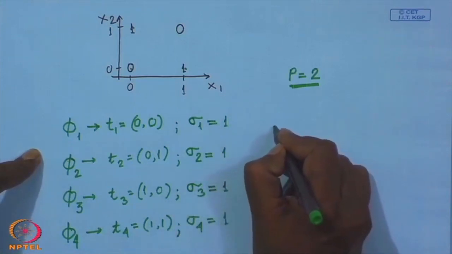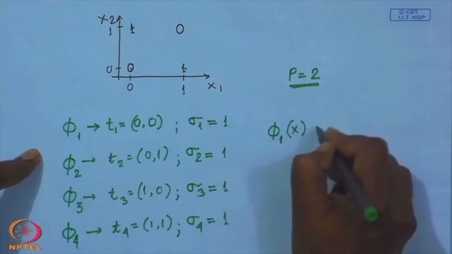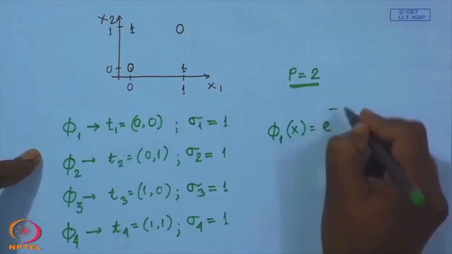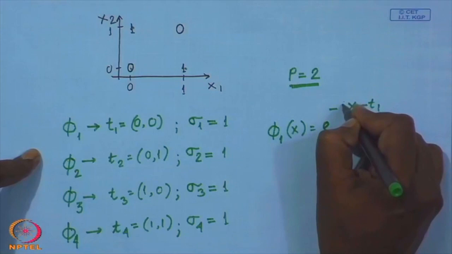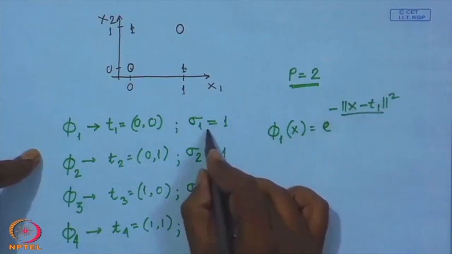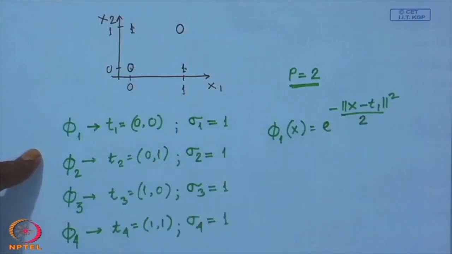So, I get phi 1 of x, which is of the form e to the power minus x minus t 1 square upon 2 sigma 1 square, and sigma 1 being equal to 1, this will be equal to 2.